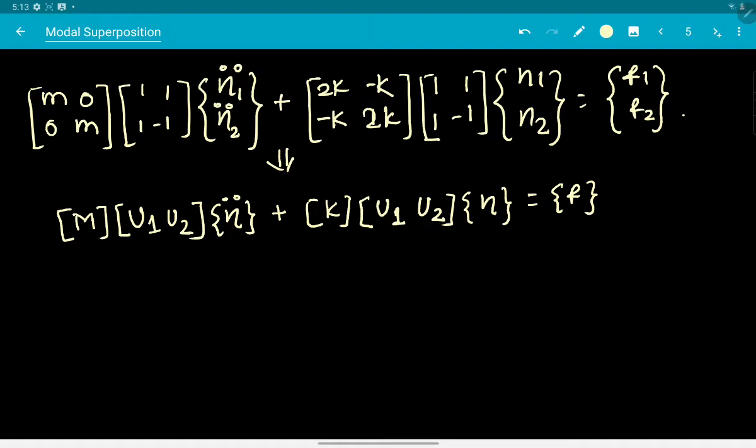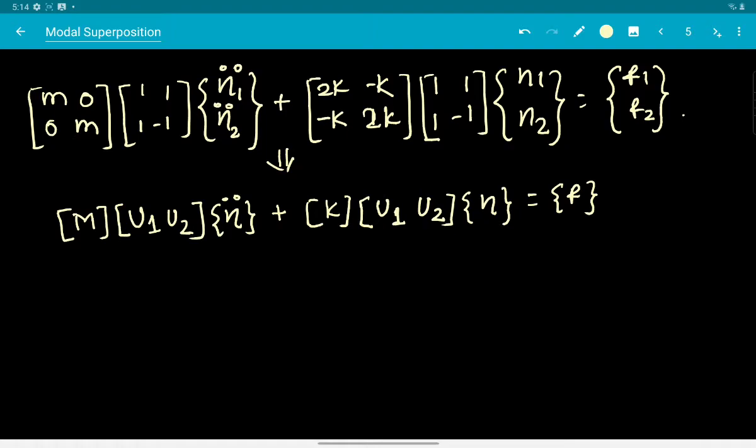Now from here onwards we are going to invoke modal orthogonality that we have already discussed. We have seen that U1 transpose M U2 comes out to be equal to 0. Similarly, U1 transpose K U2 also comes out to be equal to 0.